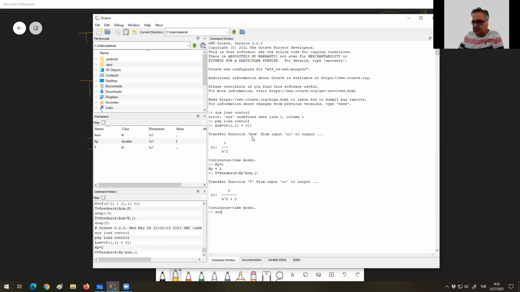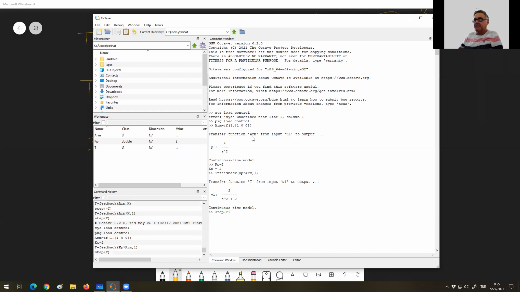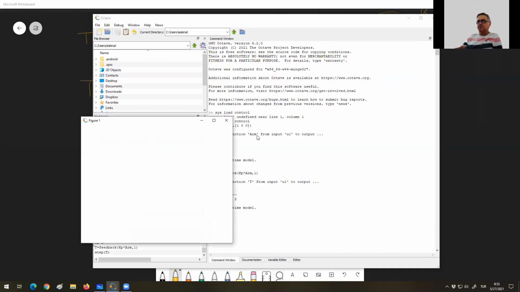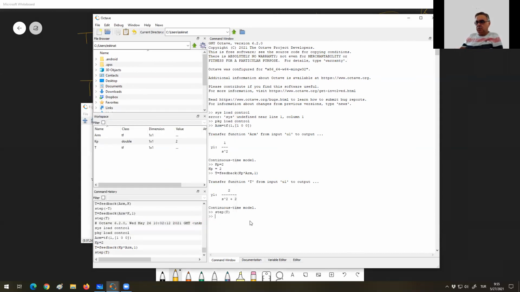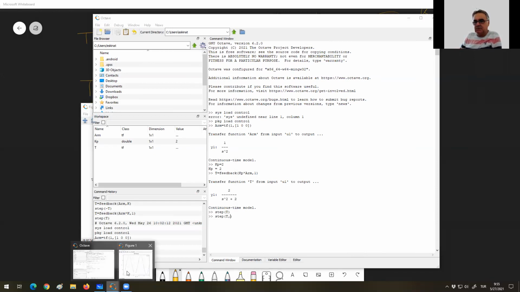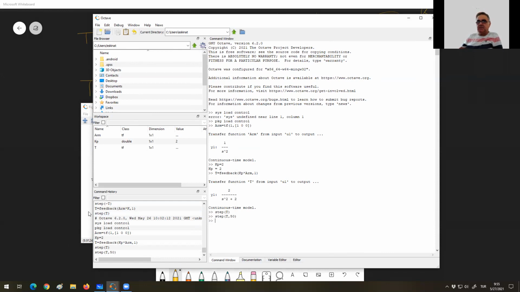We will look at the step response of this closed loop transfer function. As I told you, it is oscillating between 1 and 2. We can increase the time a little bit. 10 is not very much, so let's set the time up to 50.